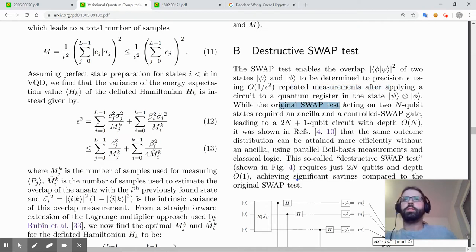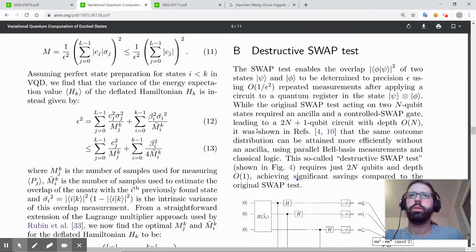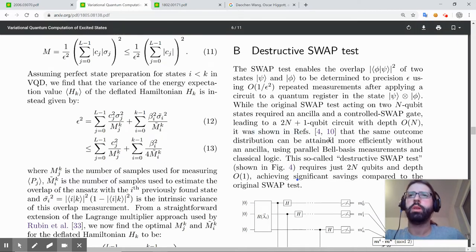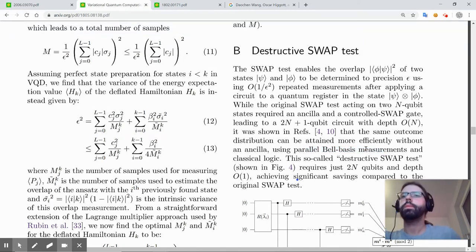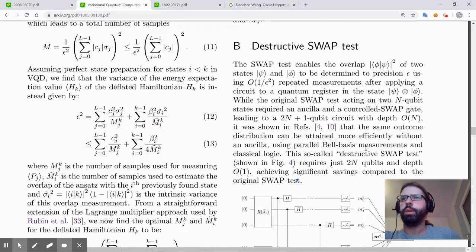While the original swap test acting on two n-qubit states required an ancilla in a control swap state, the same outcome distribution can be attained more efficiently without an ancilla using parallel Bell basis measurements. So that actually has a name. It's a Bell basis measurement. Well, yeah, it makes sense, because it's telling you whether they're both zeros or not. It's a Bell basis measurement. Interesting.